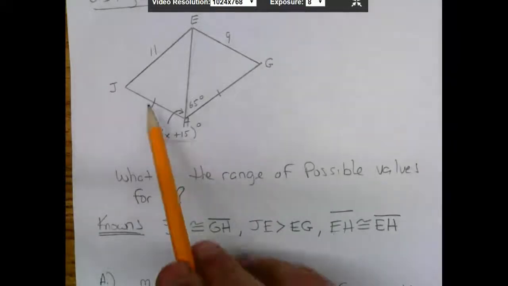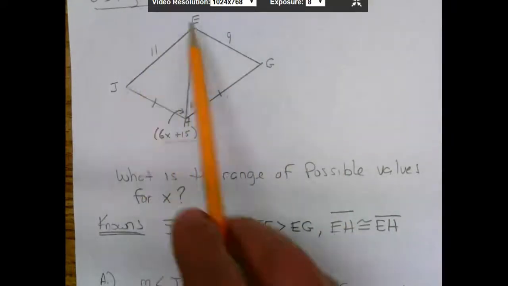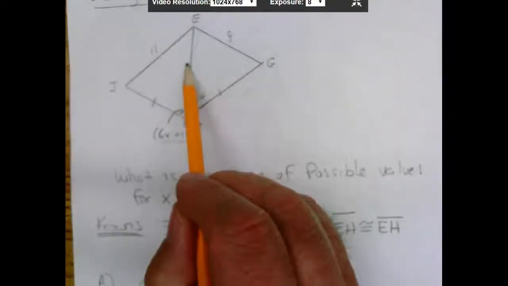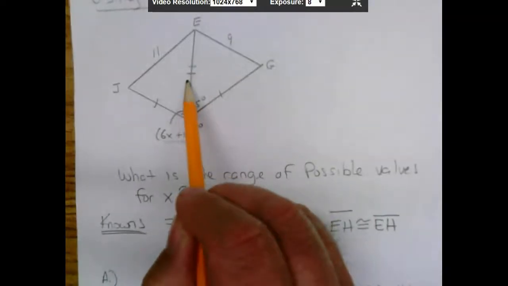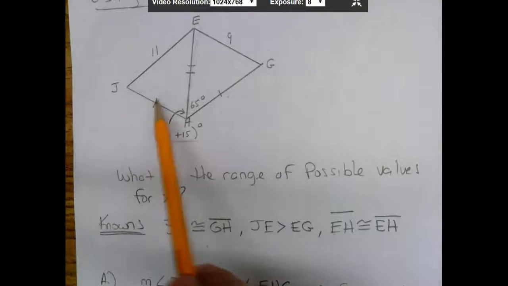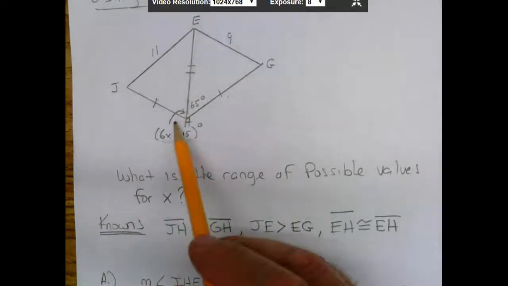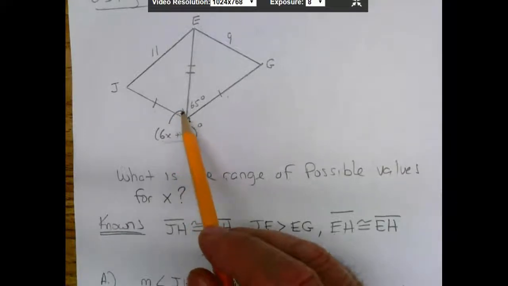So we know these are congruent, right? We know these are not, JE and EG. Well, we know this shared side actually is, so we'll call that 2. So here we have these sides are congruent. EH is congruent for both triangles. Then we need to know the range.